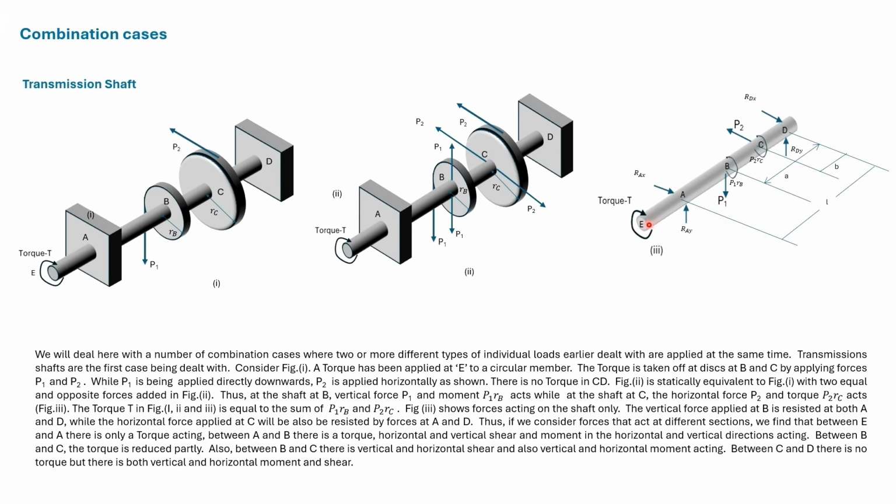There will be no shear and moment between E and A. There will be shear and moment between A and D in the vertical direction. There also will be shear and moment between A and D in the horizontal direction.